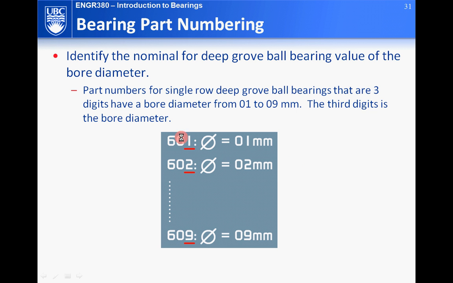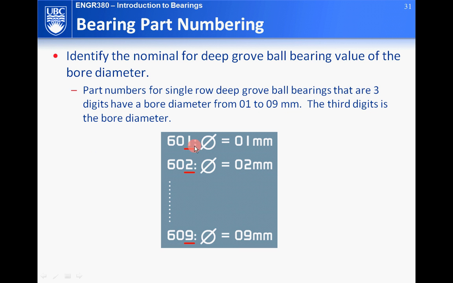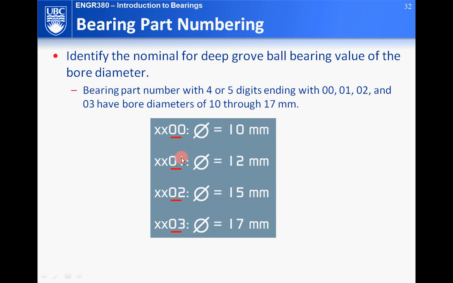Let's say I have a 601. So with 601, the width digit is not there, it's a 60, actually both are not there. The 1 here means 1 millimeter, 2 means 2 millimeter, 9 means 9 millimeter. If 00, 01, 02, 03, they're 10, 12, 15, and 17.